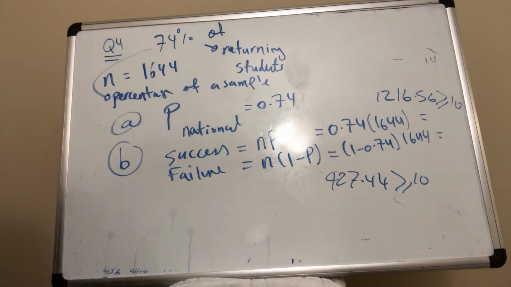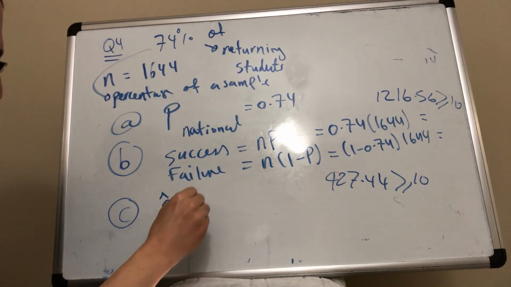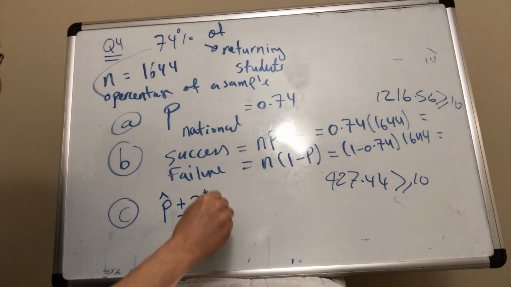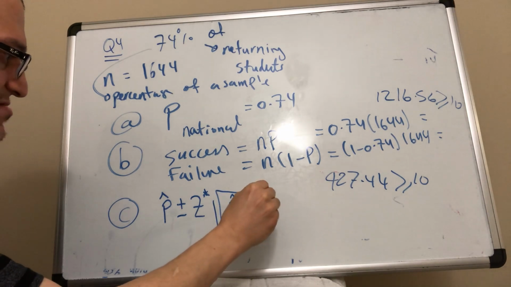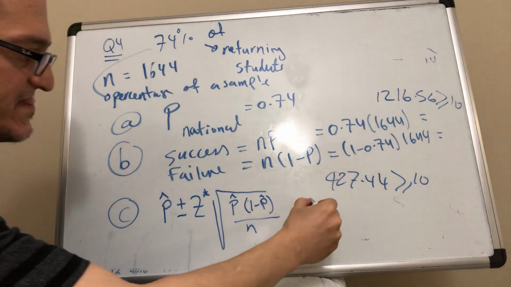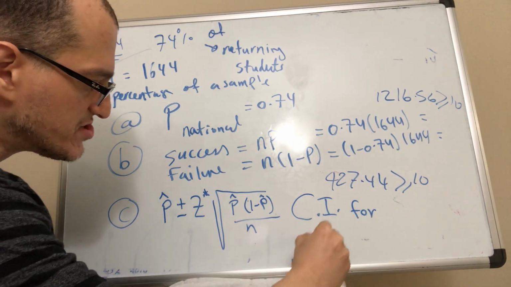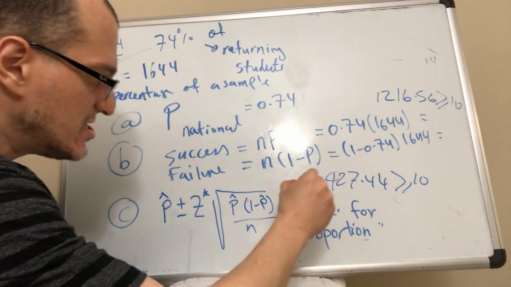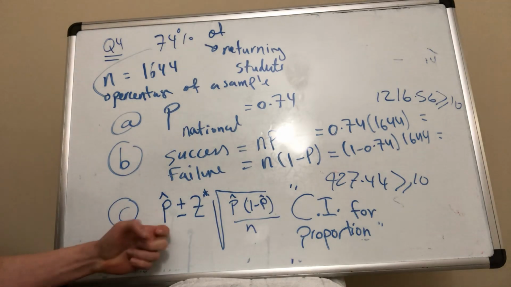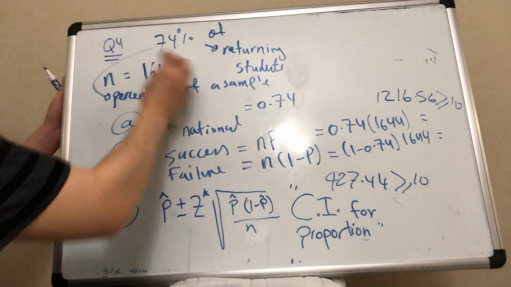For a 95% confidence interval for proportion, you're going to use this confidence interval: p hat plus or minus z star times the square root of p hat times 1 minus p hat over n. Again, this is confidence interval for proportion. So if you see a question that says find, this is the key word, find confidence interval for proportion, you use this. Now, you put everything together.